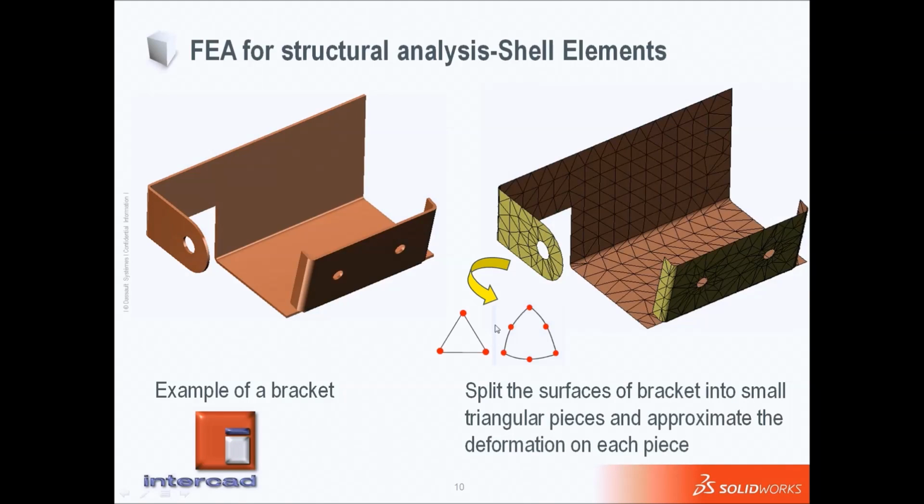This element type is called a shell element, where for draft quality we have 3 nodes and 3 connection lines, or we can have 3 nodes on the corners and 3 nodes on the sides, which is high quality. So up to this point, solids use tetrahedral elements, and shells use triangular elements.